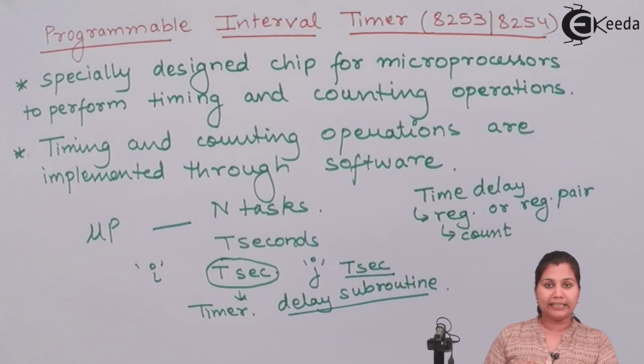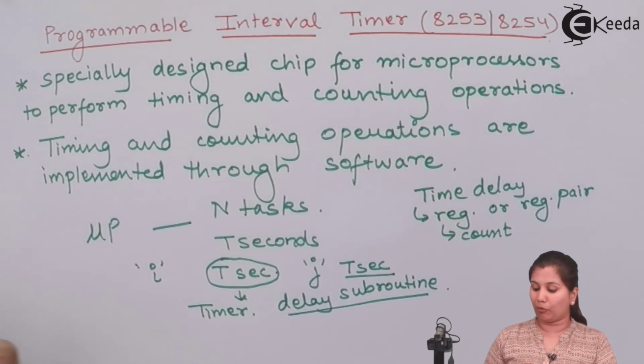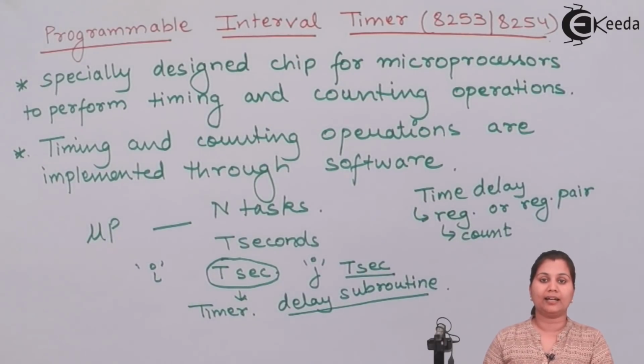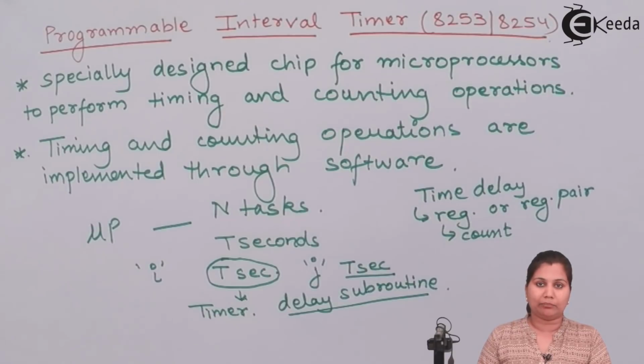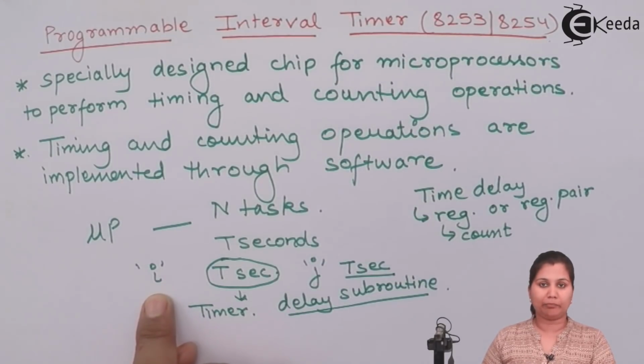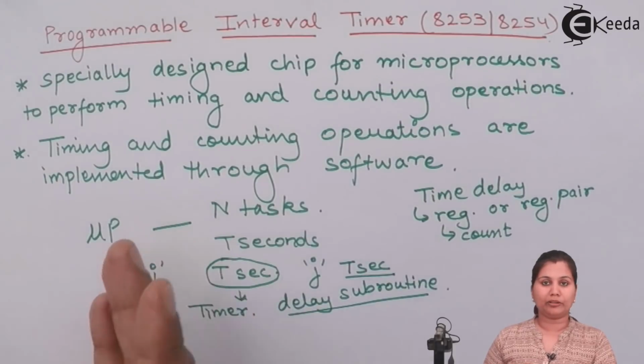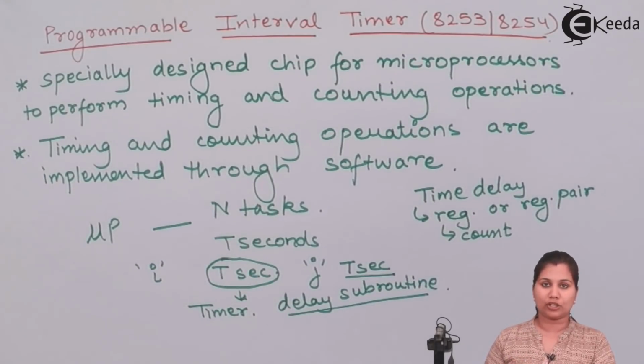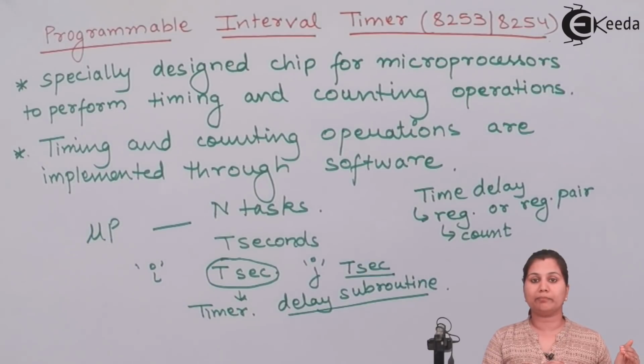So to relieve the microprocessor from all this complexity, we can use an external timer. What this external timer is going to do is, every time the microprocessor completes a task, that timer will work. It will initialize the counter and decrement the counter, and it is going to provide the time delay of t seconds. So the microprocessor is not busy in executing the subroutine.